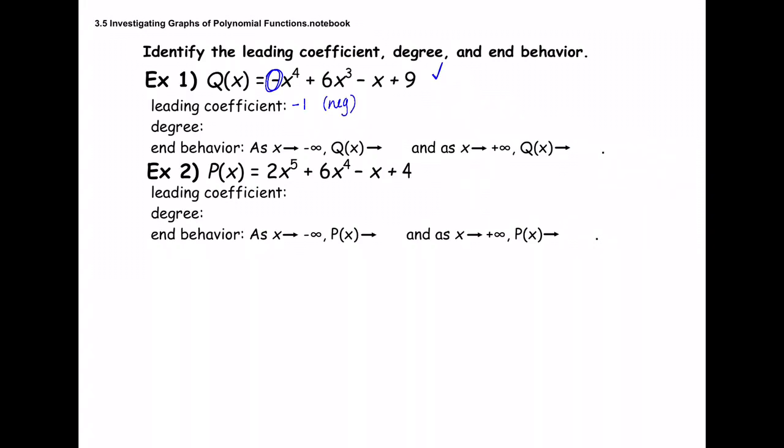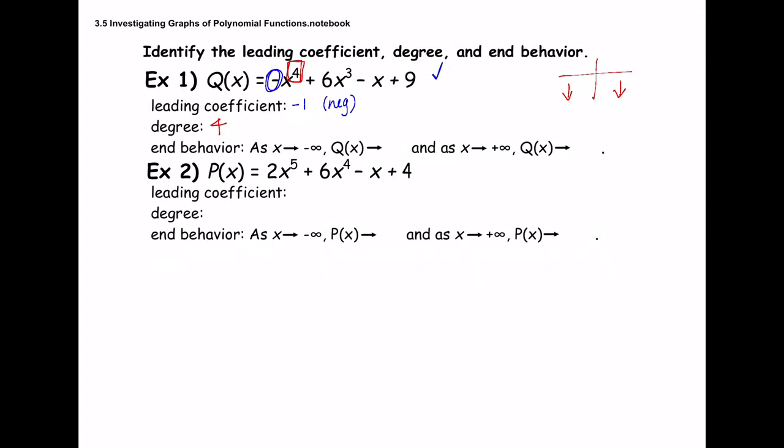Our degree of our polynomial is this little exponent up here. So we have a degree of 4, and when we talk about our end behavior, if we have a negative leading coefficient and an even exponent, it is going to go down to the left, down to the right.